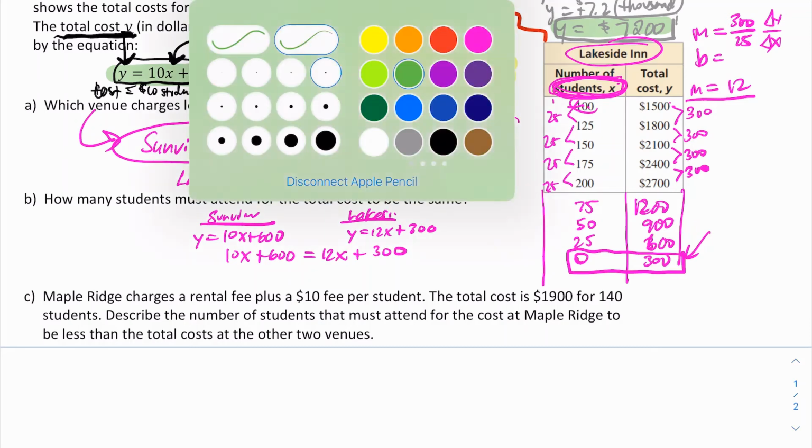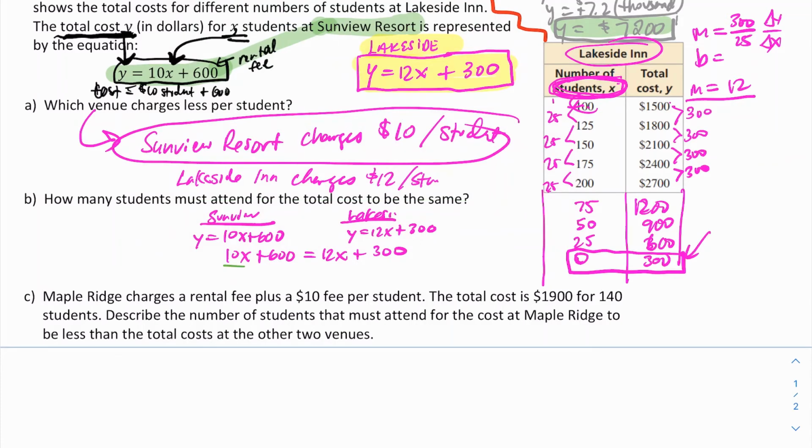And so if you were to do the math, you subtract 10x from both sides, you're going to get 2x. And then if you subtract 300 from both sides, you're going to get 300 here. Let me make sure I did this math right over here. 300 after that, then 900, 600, and 300. Yeah. So then x equals 150, so it would be 150 students would have to attend in order for the prices to be the same.